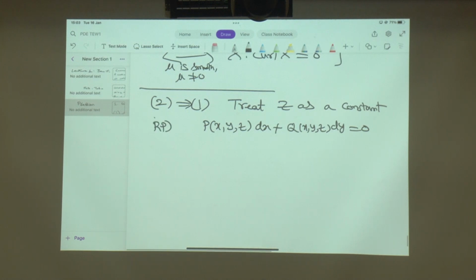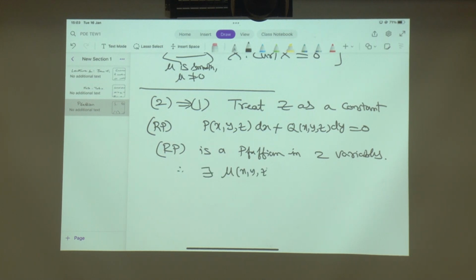I call it the reduced Pfaffian. This RP is a Pfaffian in 2 variables. Therefore integrable. This we saw at the beginning of today's class, in the afternoon class. So 2 variables, therefore there exists an integrating factor, and of course a solution.